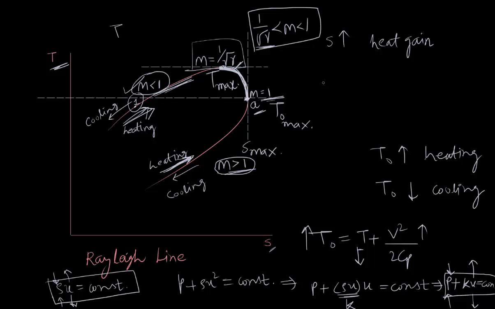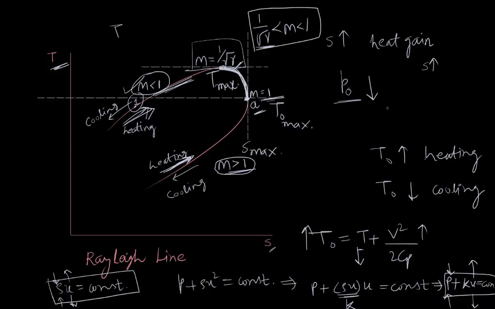Next we will consider the effect of heat addition on stagnation pressure P naught. Now when we add heat to the fluid, its entropy S increases, and we know that whenever entropy increases, its total pressure or stagnation pressure decreases.